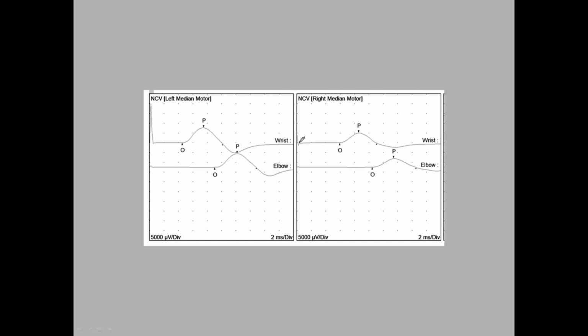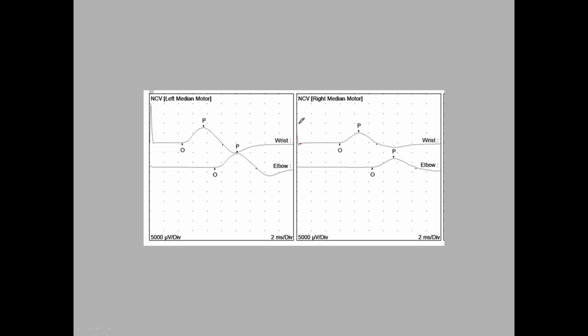So it's important to recognize that when you see, and Kajal hit on this, when you see amplitudes that are suspicious, what's the most sensitive indicator for motor axonopathy that you have as a tool? EMG. Needle EMG.